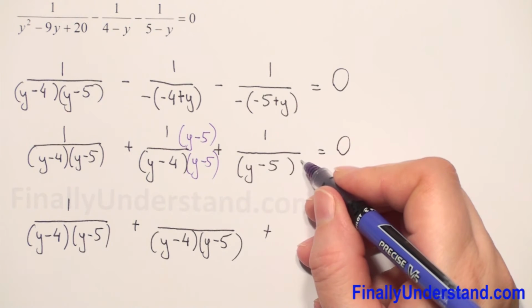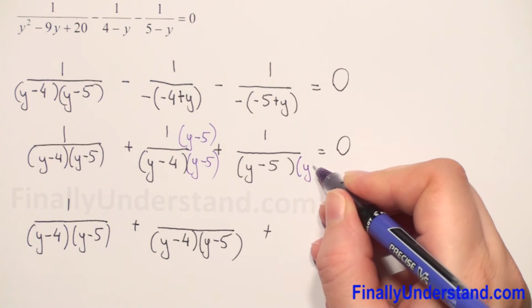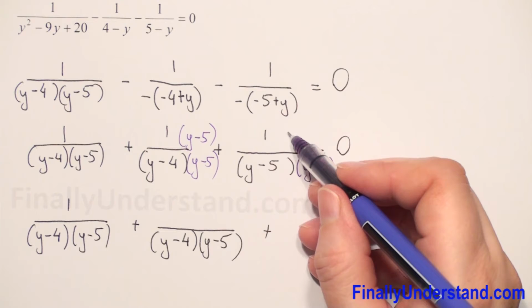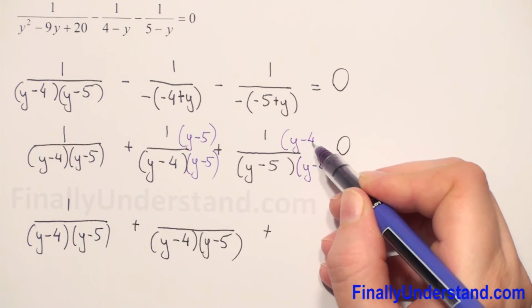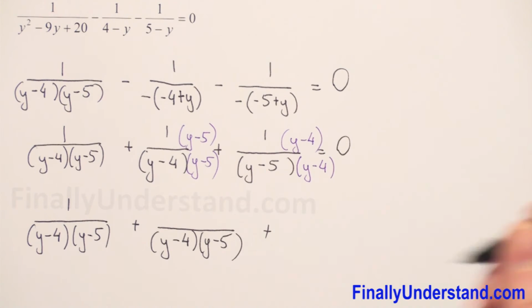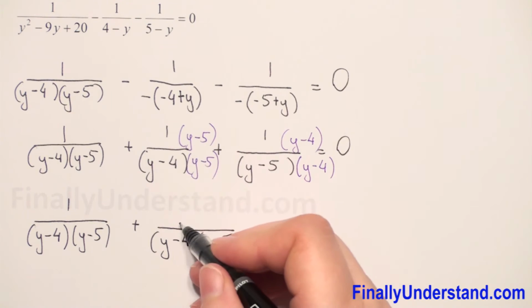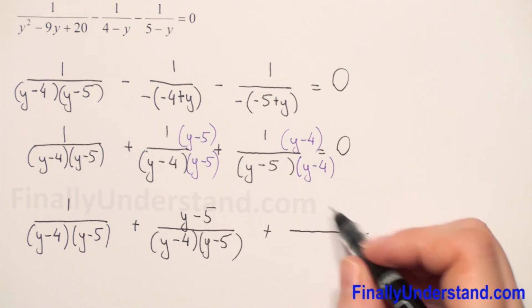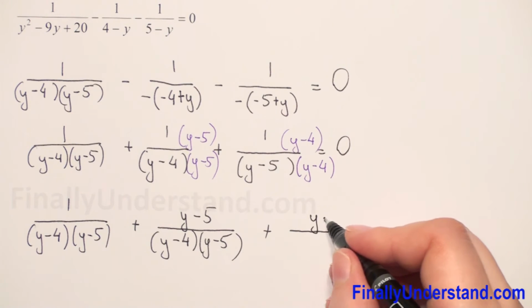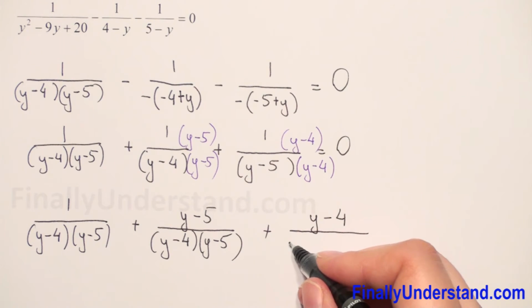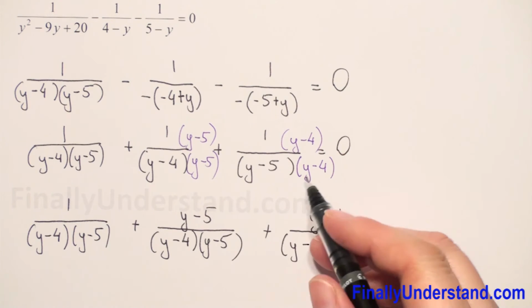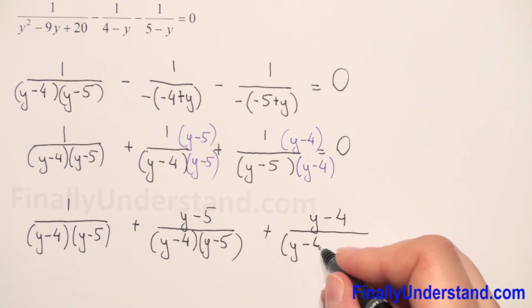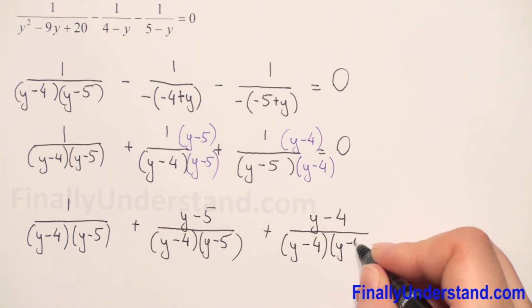The third denominator we have to multiply by y minus 4, so the same will be with the numerator. So now we have 1 times y minus 5, so this is y minus 5, and we have 1 times y plus 4, so this is y minus 4, and the denominator is, we will keep the same order, y minus 4 times y minus 5.